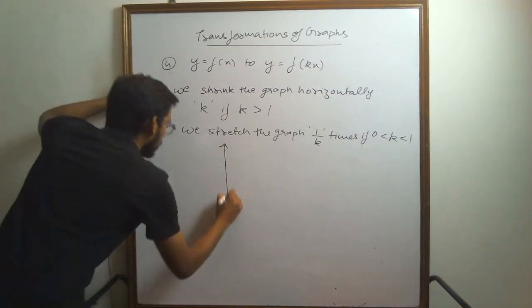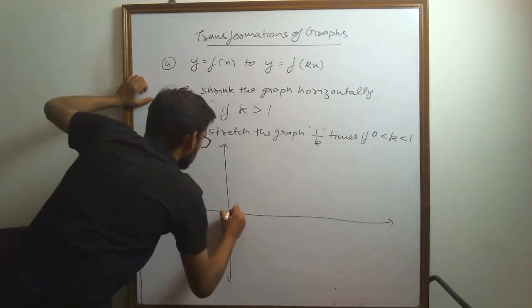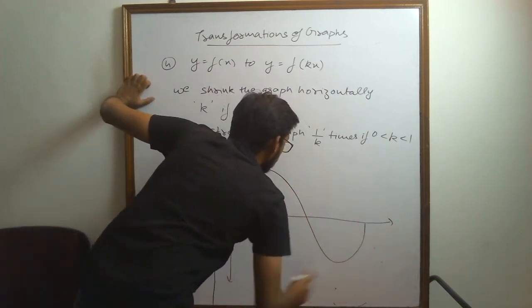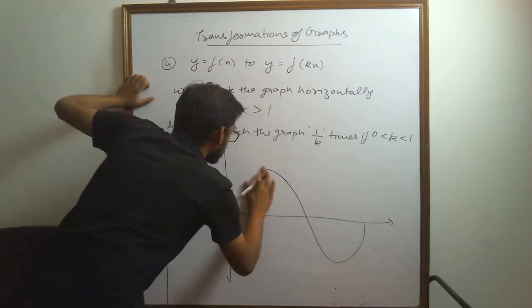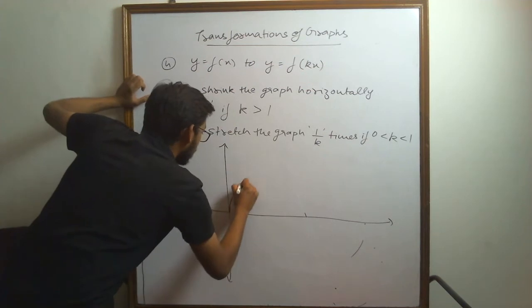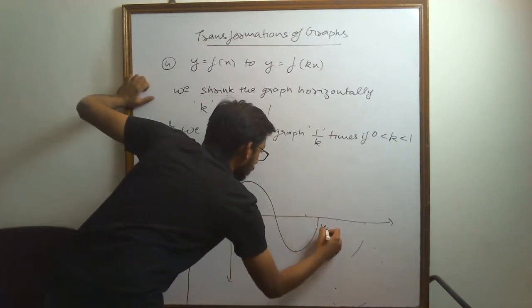Let's see with the example of sin x. I'm sorry, I need a smaller space. So I'll take sin x like this. This is the graph of y is equal to sin x.